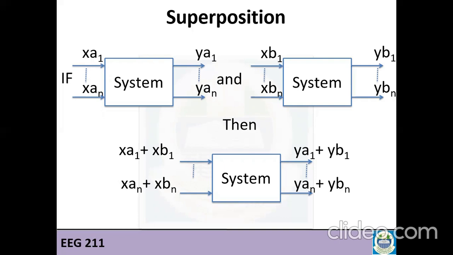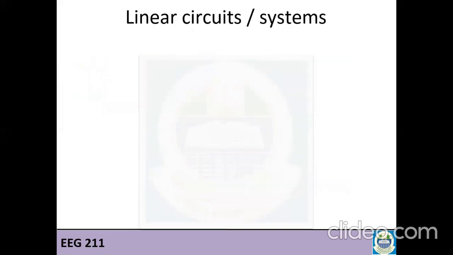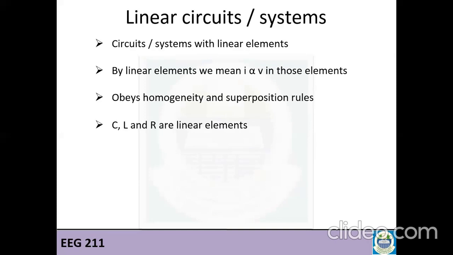And in the light of this superposition principle, what do we mean by linear circuits or linear systems? Linear circuits are systems which generally have linear elements. By linear elements, we mean that the current is proportional to voltage in those elements.